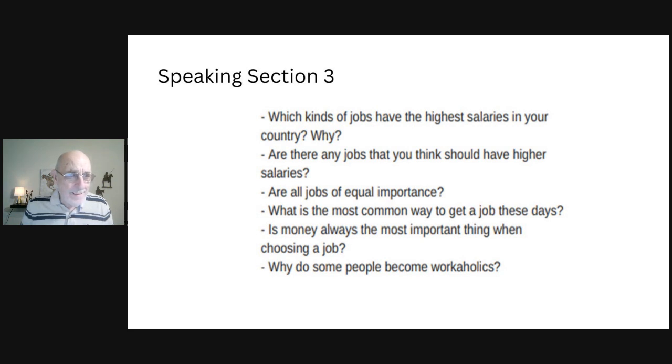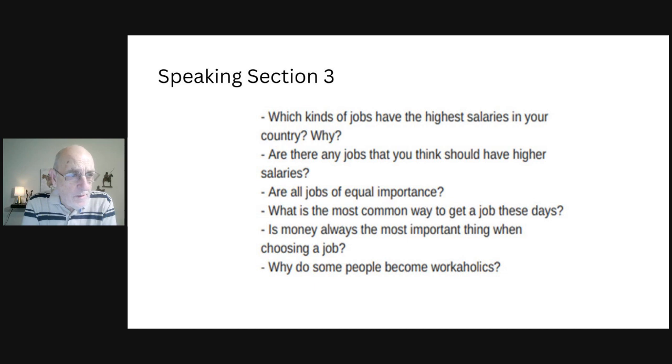So even in that question, you can see what your opinion consists of. Are there any jobs that you think? What do you think? This is all you're expressing in speaking section part three. Are all jobs of equal importance? What is the most common way to get a job these days? And is money always the most important thing when choosing a job?